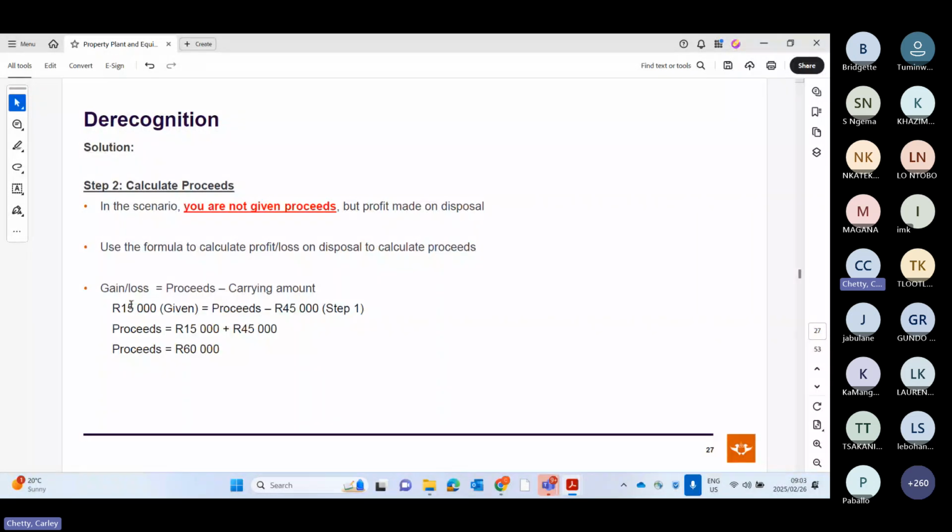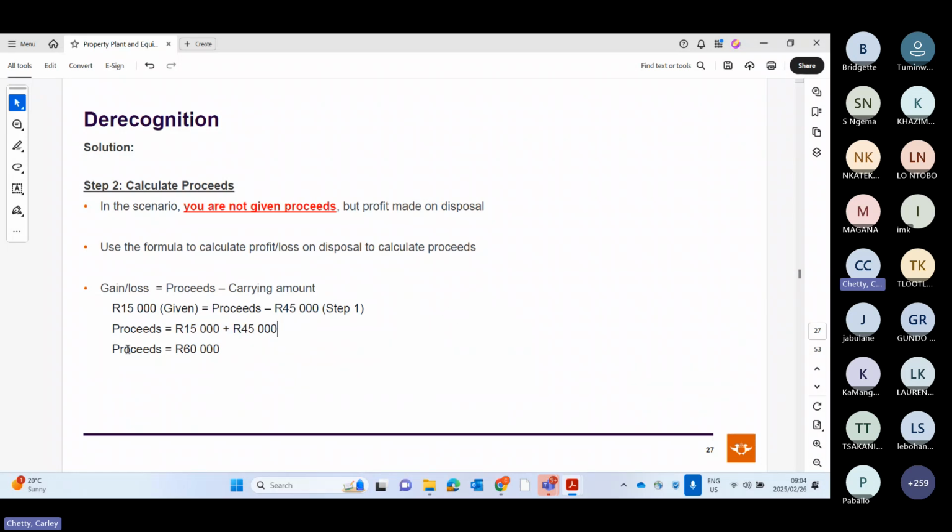So if you look at this equation here, we are going to bring the 15,000 across and then take the proceeds to the other side. So the proceeds is going to be 15,000 plus 45,000. So that is 60,000. So now we know what the proceeds is. Now we have all of the information.